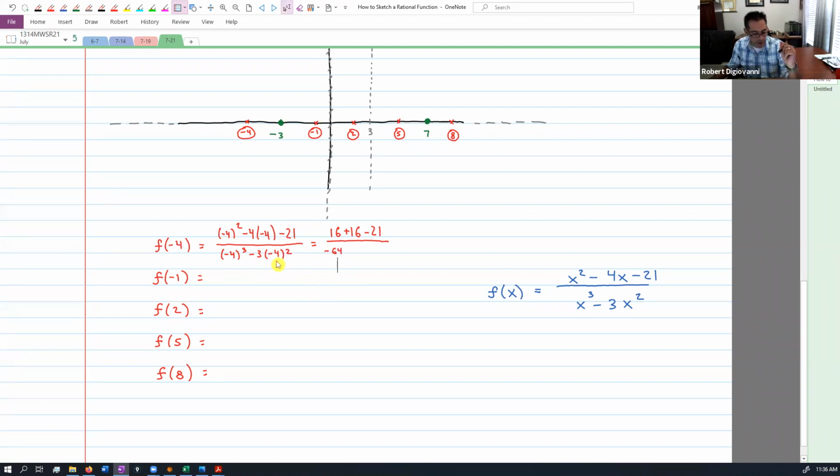And then we have -4 squared is 16, but then times -3. What's that? -48, I believe. So we should get a positive number on top and a negative on the bottom, which gives us a negative number.